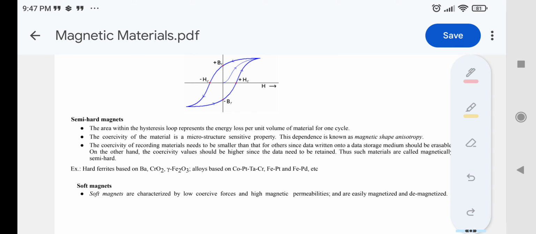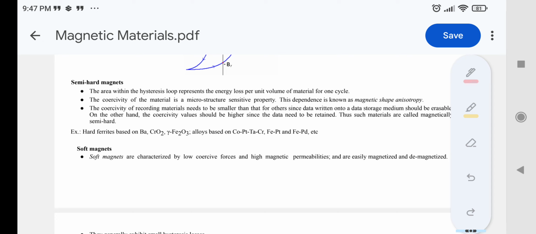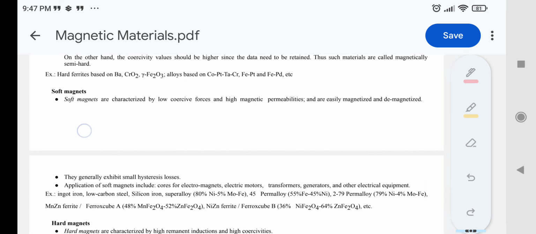Okay, and the hard ferrites based on barium, chromium oxide, iron oxides, and alloys of cobalt, platinum, tantalum, chromium, iron and platinum, and iron and palladium, all these come into the category of semi-hard magnets.